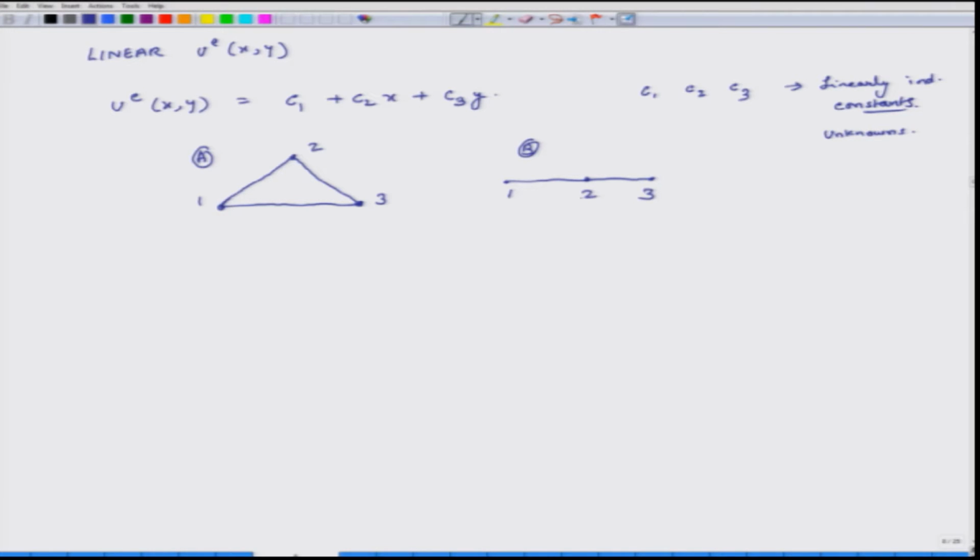If I know 3 conditions at 3 locations, and in option A I have conditions in 3 locations, then I can find out C1, C2, C3 for case A, but I may not be able to find it for case B. Why?